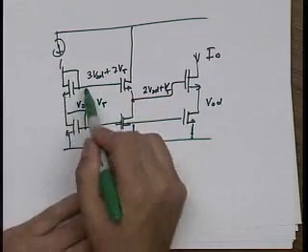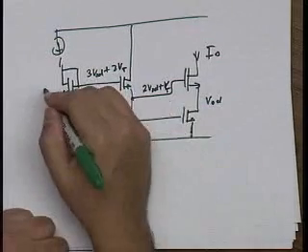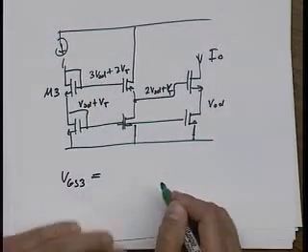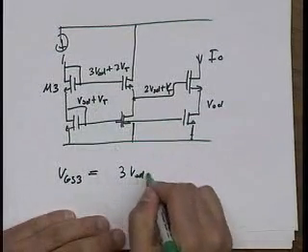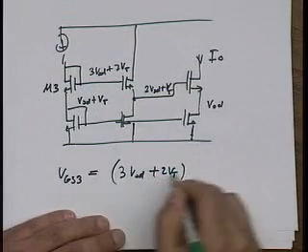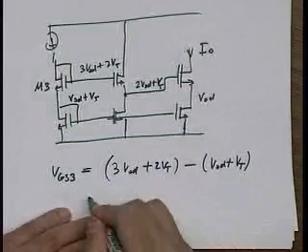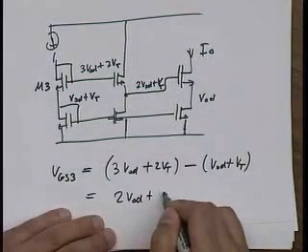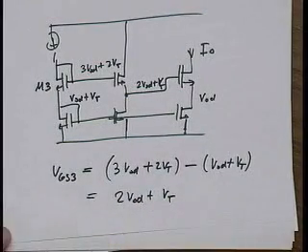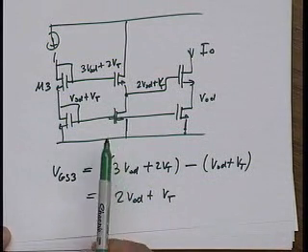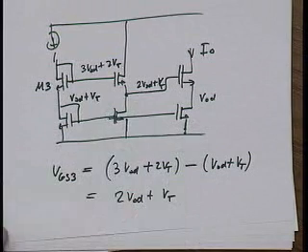So what I'd like to do is have a device, let's call this M3. What I'd like is that VGS of 3 to be equal to 3 overdrive plus 2 VT minus V overdrive plus VT, or 2 V overdrive plus VT. How do I make a transistor with twice the overdrive voltage of, let's say, all the other transistors?